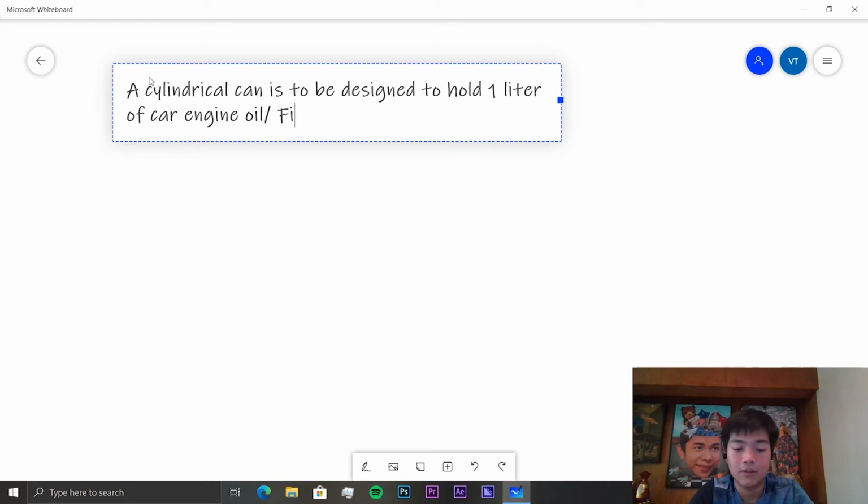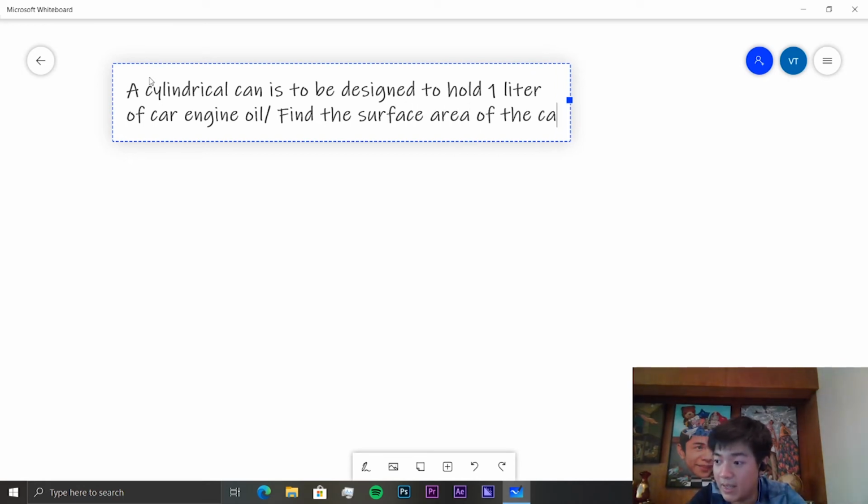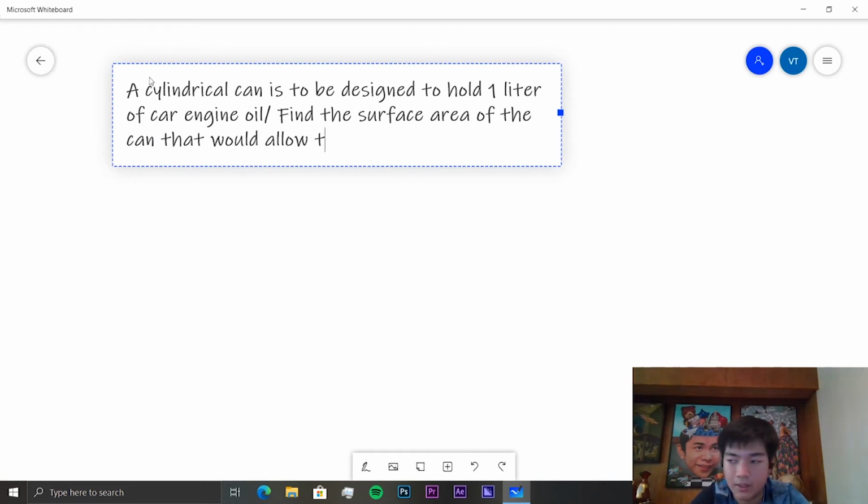Find the surface area of the can that would allow the costs of material to be minimized.